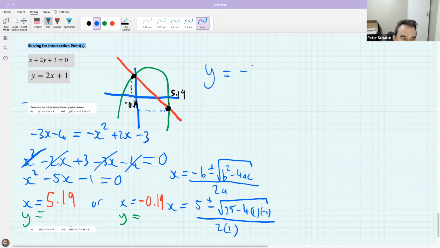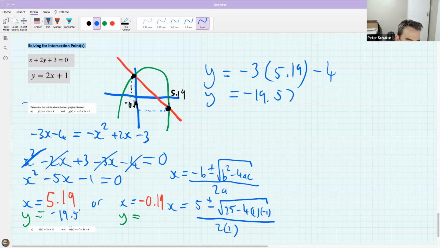So y equals minus 3 times 5.19 minus 4. It feels like minus 19.57 is the y value that goes with the x value there. And then what about the other one, when I have minus 0.19?